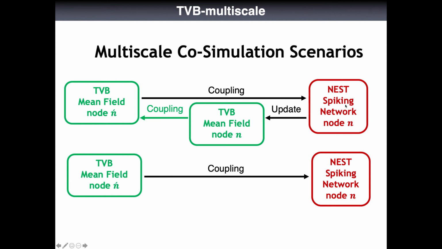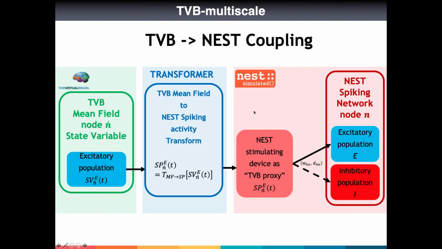There are cases where bidirectional coupling is also necessary, when different modes of functioning of a specific spiking network, when averaged out to update a TVB mean-field node, can actually cause bifurcations or changes to the large-scale dynamics, in which case we also have a bidirectional coupling that goes through updating a specific selected node of the TVB by the activity of a dedicated spiking network.